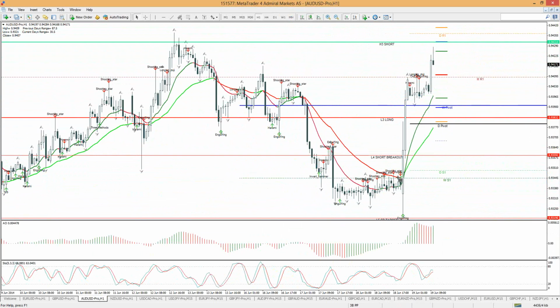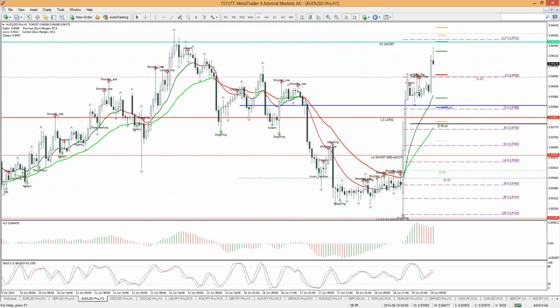We can put a fib on this first swing high, swing low. Price barely made it to the 23.6. If we take it from the very bottom to this top, price hardly made it to 23.6 before it already bounced off the weekly too.